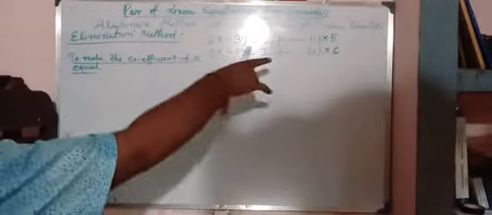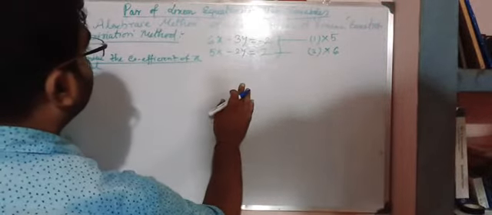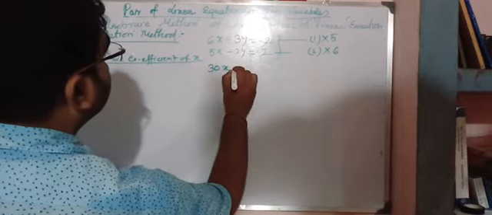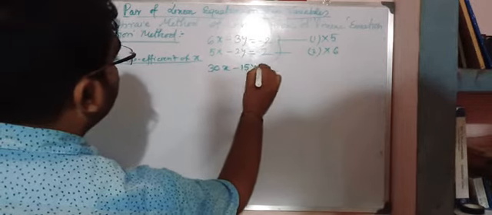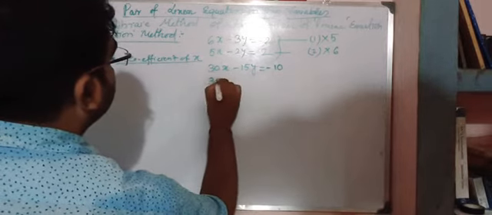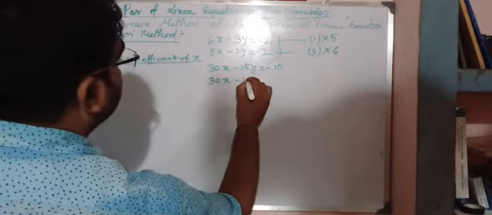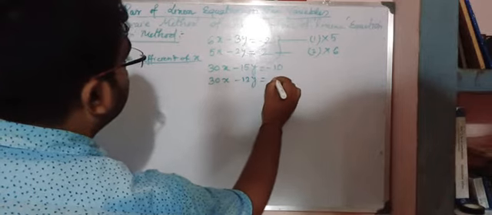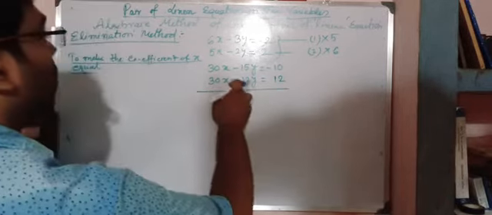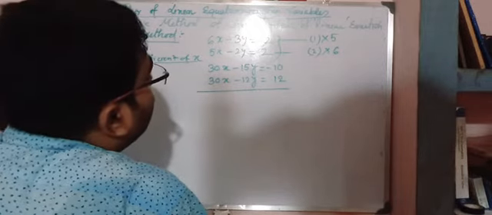We get the new pair of linear equations: 30x minus 15y equal to minus 10, and 30x minus 12y equal to 12.